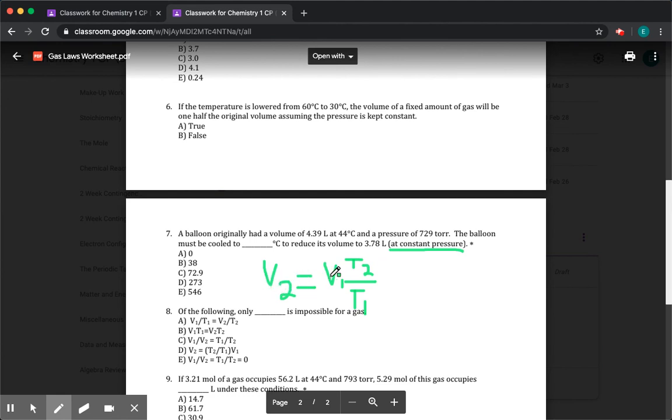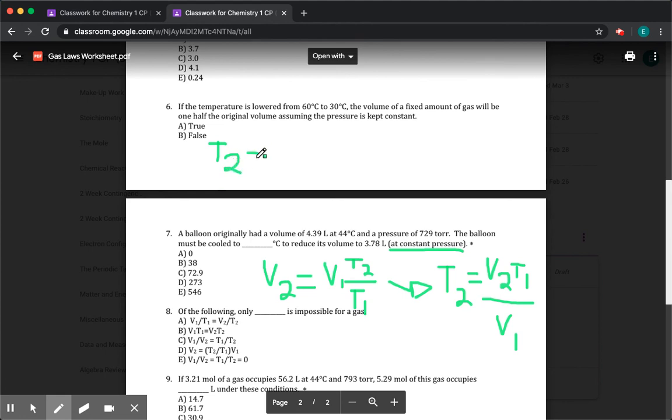We know what we want, we know the original volume, and we know the original temperature. What we want to solve for is T2. So I need to rearrange this equation to get T2 by itself. If I do that, you get that T2 is equal to V2 T1 over V1. So then all you got to do now is plug your numbers in.